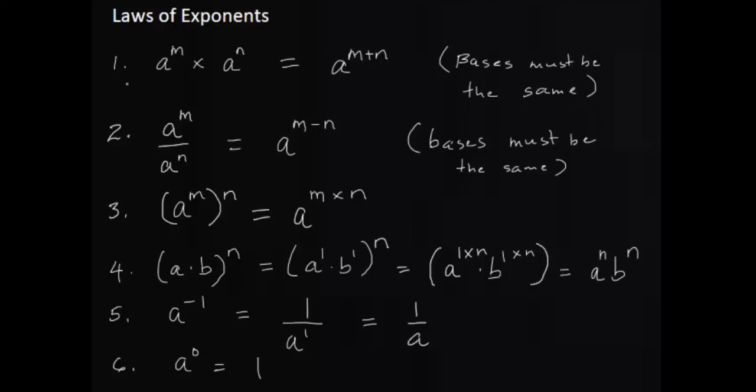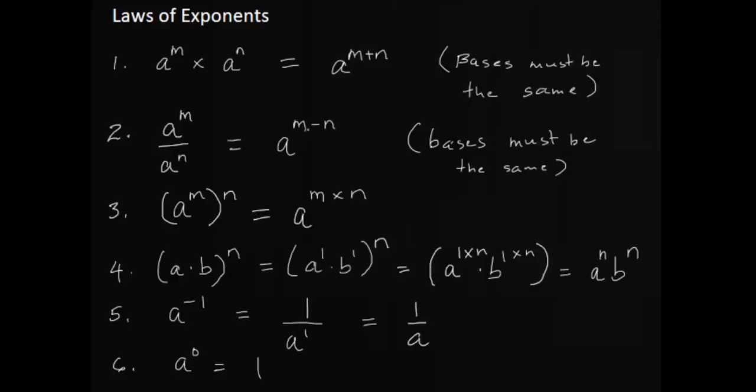Let's recap. The first law says if you have a product of expression where the bases are equal, we can simplify this expression by just simply adding the exponents, placing it as an exponent of a. The second one says if you have a division of two terms, these terms having the bases which are equal can be reduced to just simply the base raised to the power of the subtraction of the two exponents.